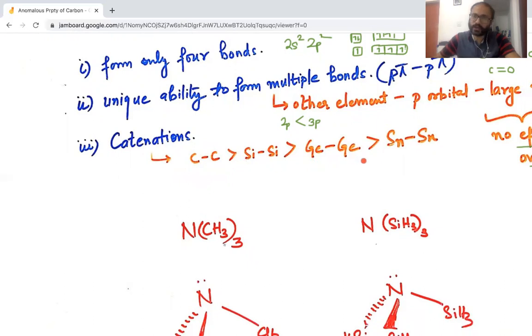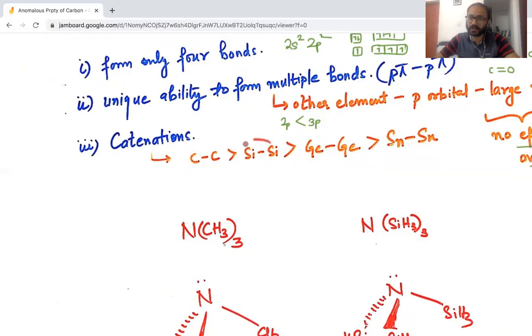However, as you go down the group, these bond energies decrease. In silicon, it is 297. In germanium, it is 260. And in tin, it is 240. So you see how drastically it is reducing. That is why carbon shows higher catenation, and forms really long chains.